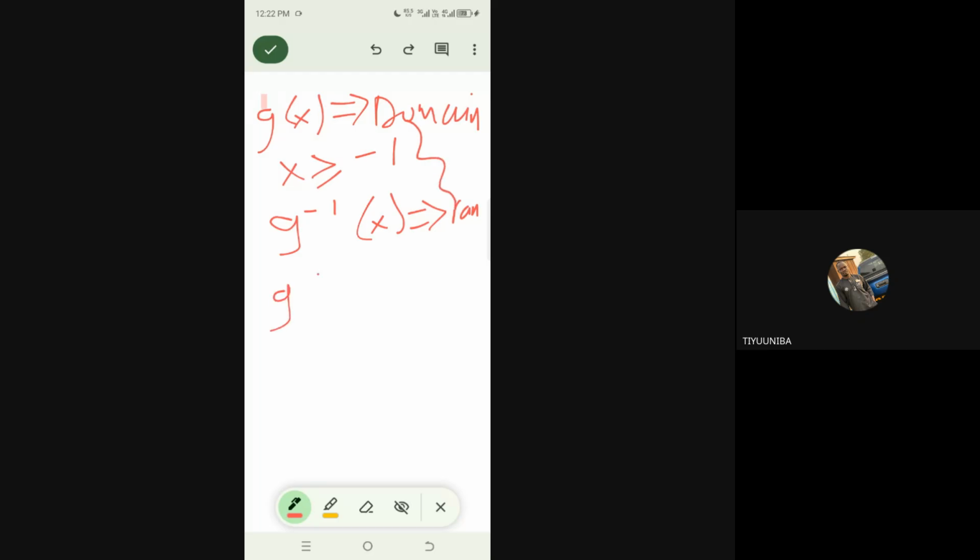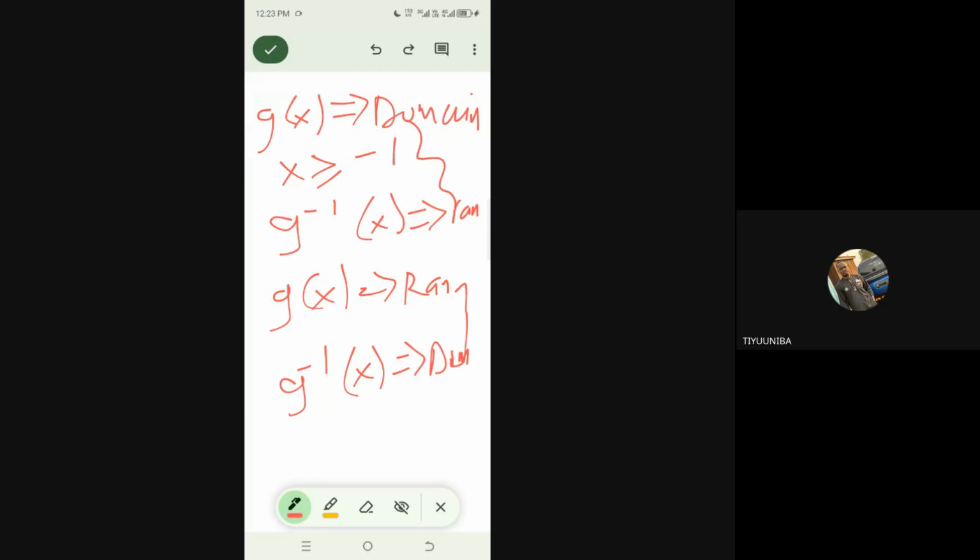And when you have g of x, now when it is range, and you have g inverse when it is the domain, whatever you get is the same for both. That's what I'm trying to say. So g of x, the answer we had for the domain, is equal to g inverse of x, its range. That's all. So if you want to know the range of g inverse of x, it is the same as finding the domain of g of x.